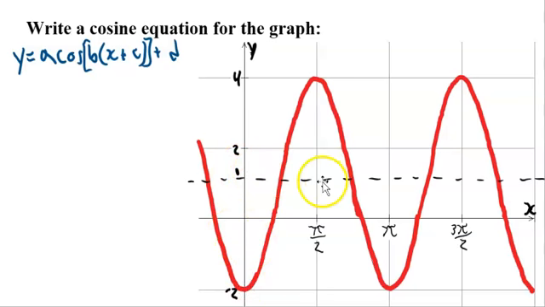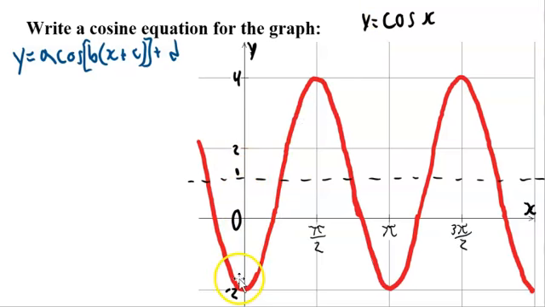A cosine graph normally starts up like this would be the normal spot of a cosine graph. If this is pi over 2, this is 0 right here. So this is upside down from a normal cosine, because a cosine usually starts at a peak when x is 0, like y = cos x.